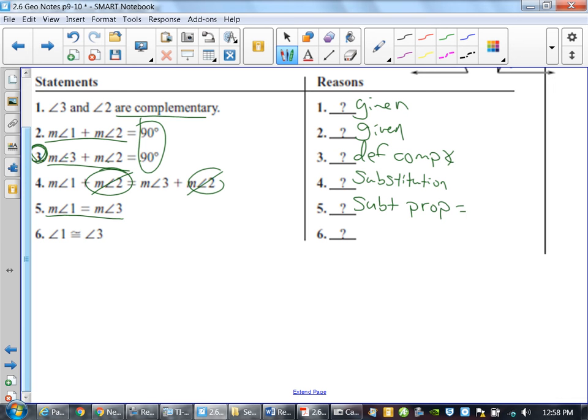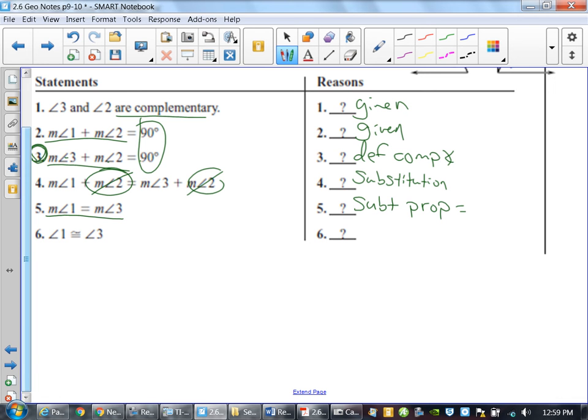They subtracted the same thing from both sides of an equal sign. That's what that looks like. When we did algebra, we wrote out physically subtract angle 2 from here, subtract angle 2 from here, subtraction property of equality. Then we would write simplify. We're starting to get away from those things because we've done that already. We can shorten up our proof a little bit by just condensing some stuff if we have to.